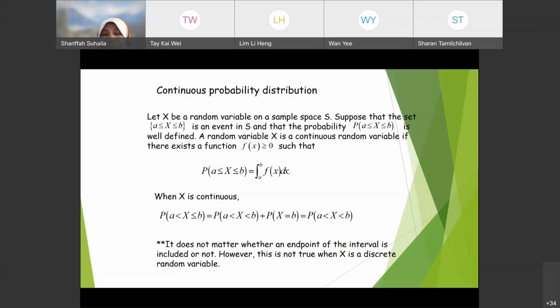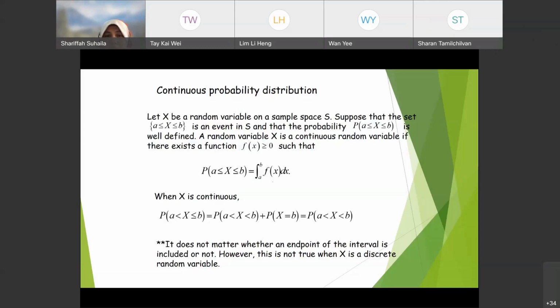Suppose that we have the set X from A up to B and you want to find the probability of X from A up to B. That means we need to integrate from A to B f(x) dx.